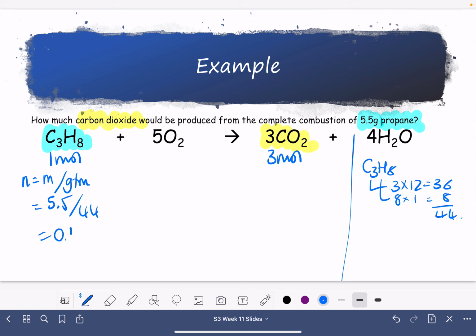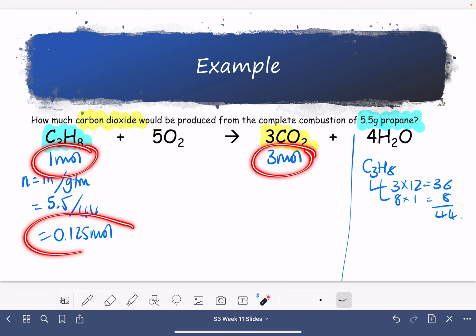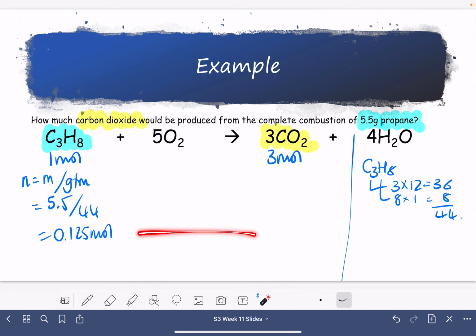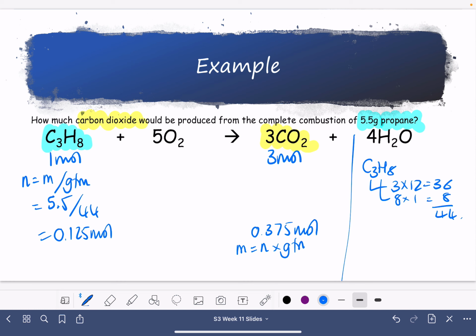is 0.125 moles. Now, the ratio is 1 to 3, so 0.125, I'm going to need to multiply that by 3 to get 0.375 moles. That's how many moles of carbon dioxide I'm going to get. What is the mass of that? Well, mass is number of moles times the gram formula mass.